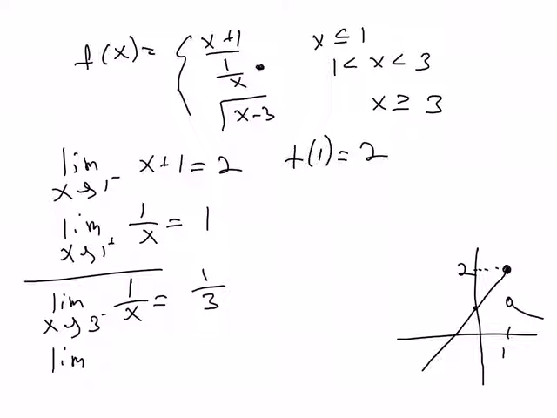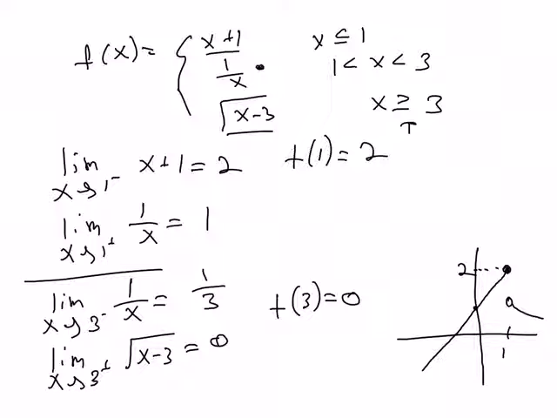The limit as x goes to 3 from the right is now x minus 3, and this is going to be 0, and f of 3 is also going to be 0, because again, for x equals 3, we're dealing with the square root of x minus 3. So now we can draw this.